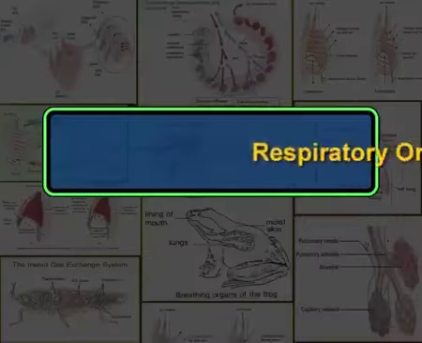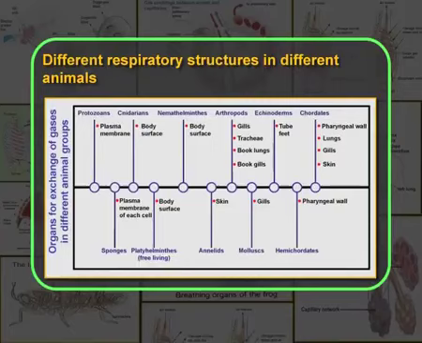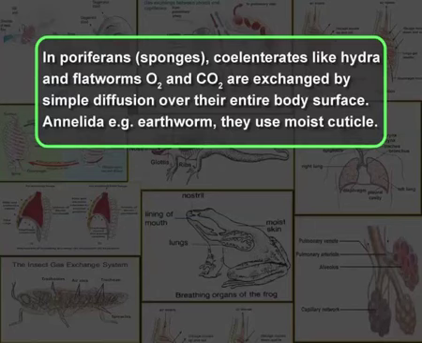Now, before understanding the mechanism of respiration, let us first be aware about the respiratory organs. You will appreciate that with the evolution of organisms, respiratory organs have also evolved from lower organisms to the highest organisms, which is the human. Now, let us see how this has occurred. In porifera, which includes sponges, and coelenterates like hydra, and flatworms, oxygen and carbon dioxide are exchanged by simple diffusion over their entire body surface.